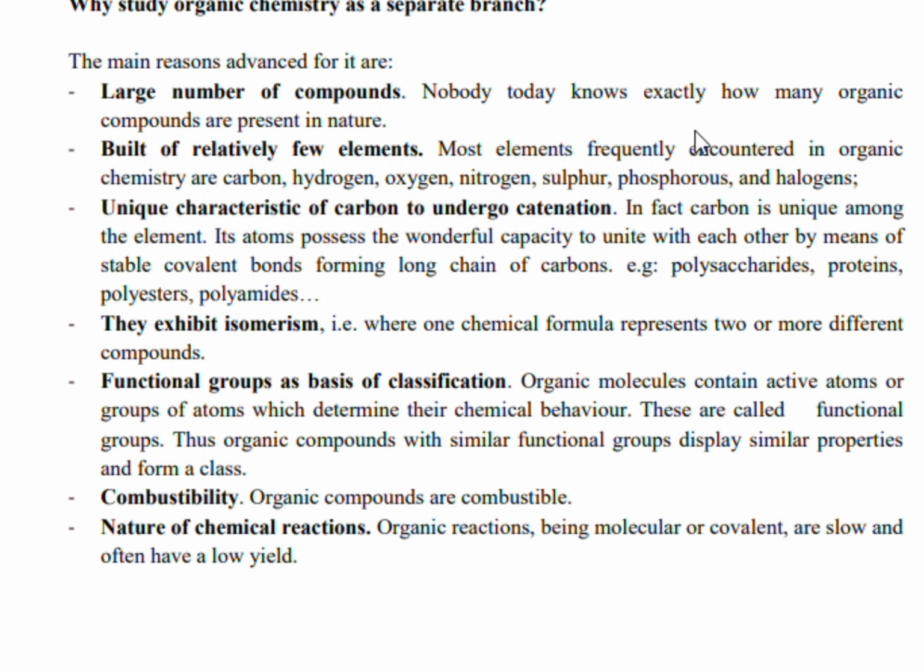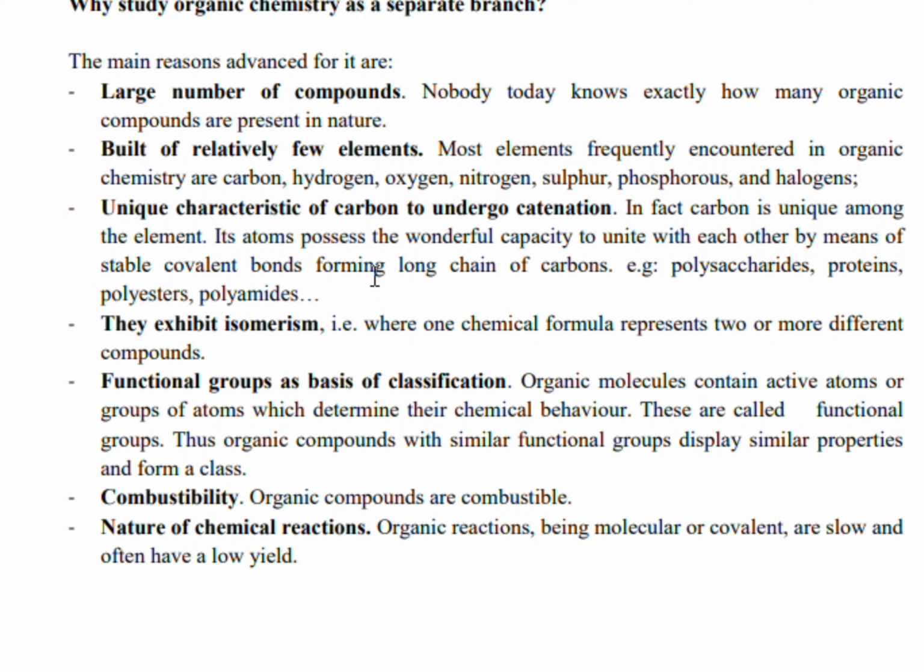We will analyze these types of covalent bonds which are formed by carbon in long chains, for example in polysaccharides, proteins, polyesters, polyamides, and so on. We'll see these examples.